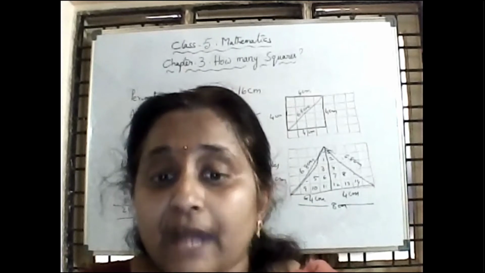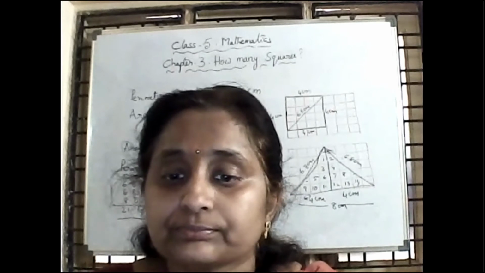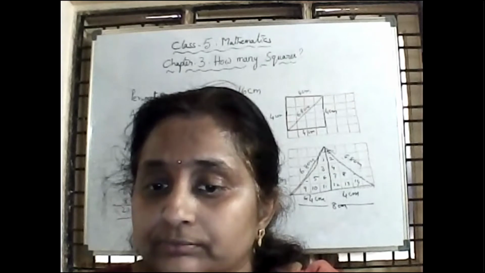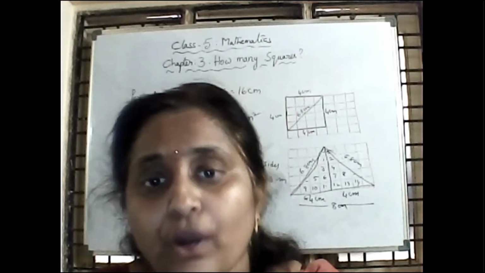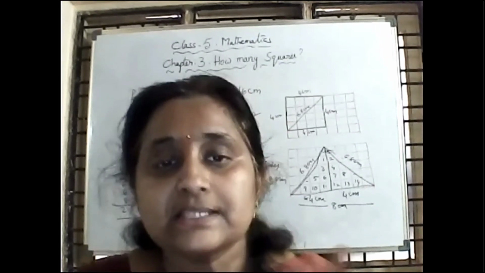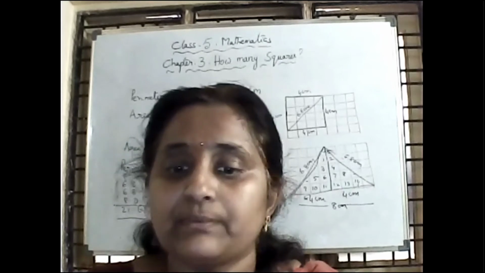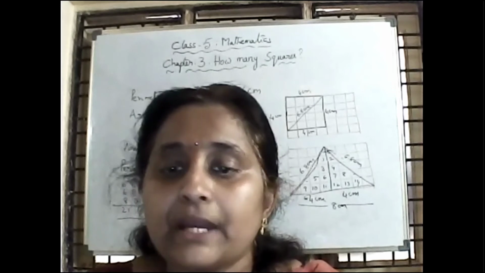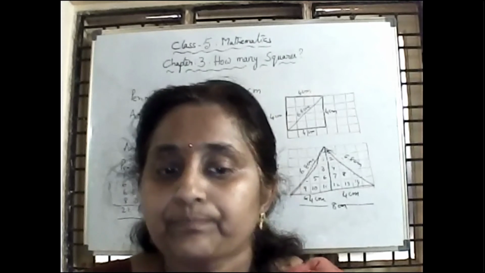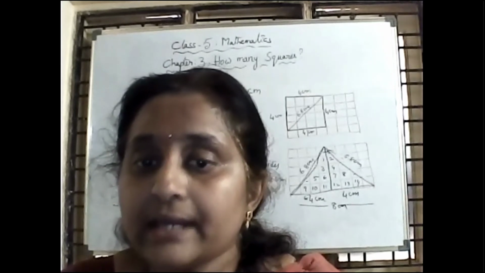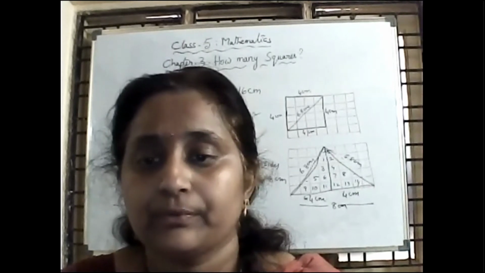And perimeter of triangle, how much do you have? 21.6 centimeters. So 16 is less than 21.6 centimeters. So we can say that perimeter of the yellow shape is less than perimeter of the blue shape.